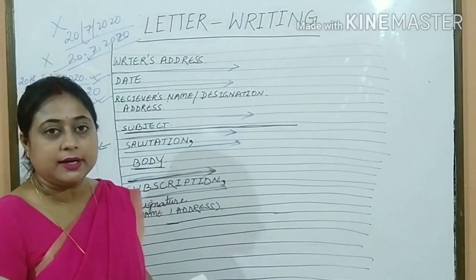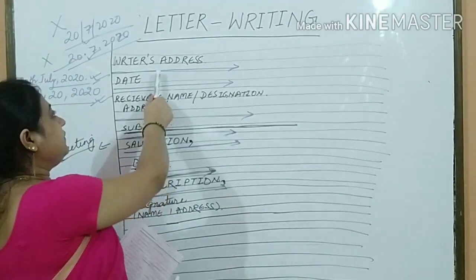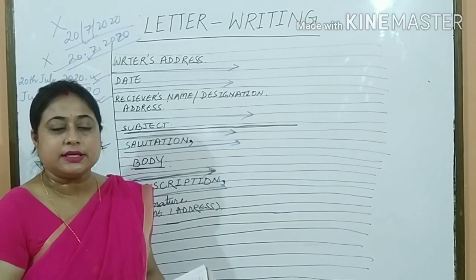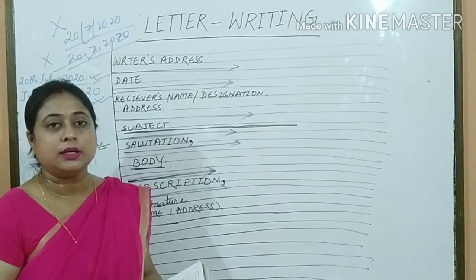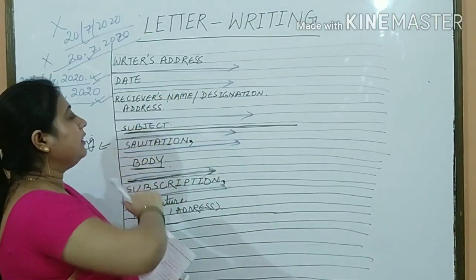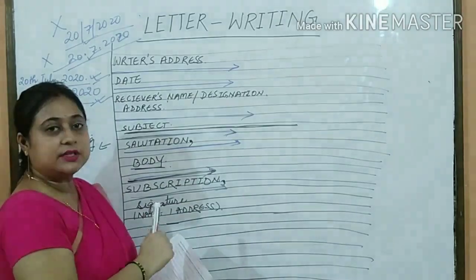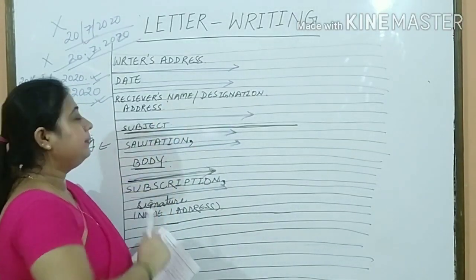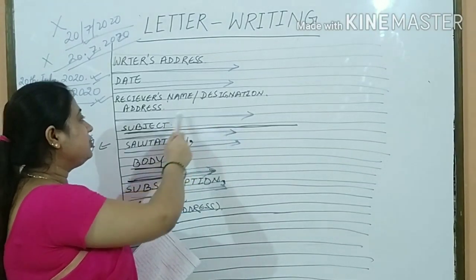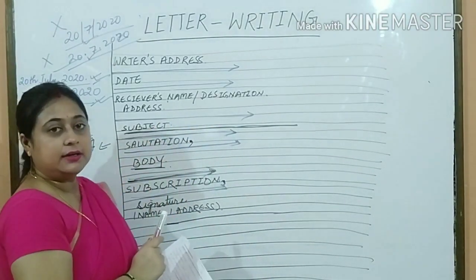So let us quickly revise once more. What is the format? First we write the writer's address. Whose address will you be writing? Your own address. After that you will leave a blank line, then the date, after that again a blank line, then the receiver's name or designation, followed by the address in the next line.